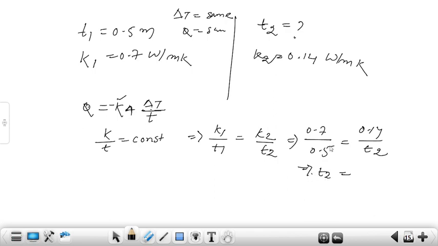So T2 is equal to 0.7 by 0.14, which equals 5, and T2 is equal to 0.2 into 0.5, which is equal to 10 divided by 100, which is equal to 0.1 meter.